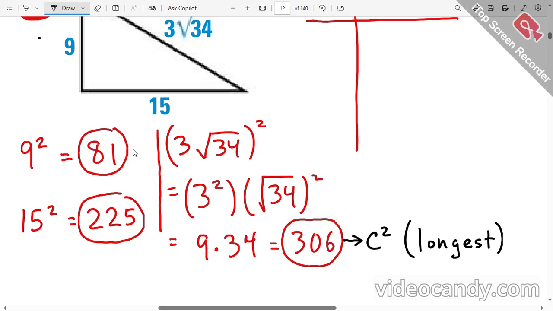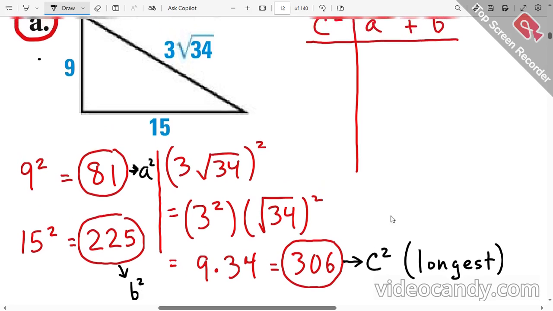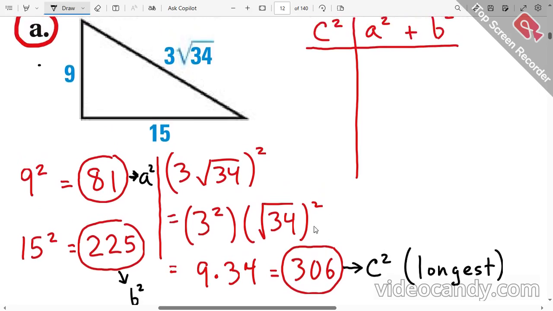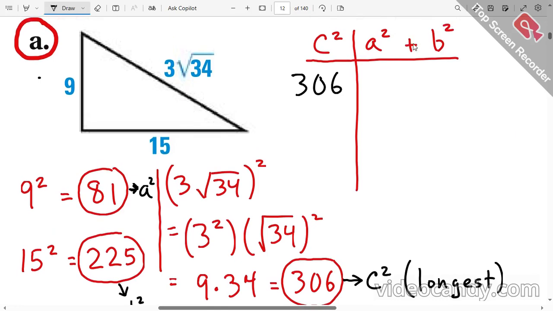So we can let the 81 be the A squared. All right, and we can let the 225 be the B squared. But those two don't matter. C squared has to be the longest. So on the chart for C squared, I'm going to do 306. I already squared it. And for A squared plus B squared, I'm going to do 81 plus 225.